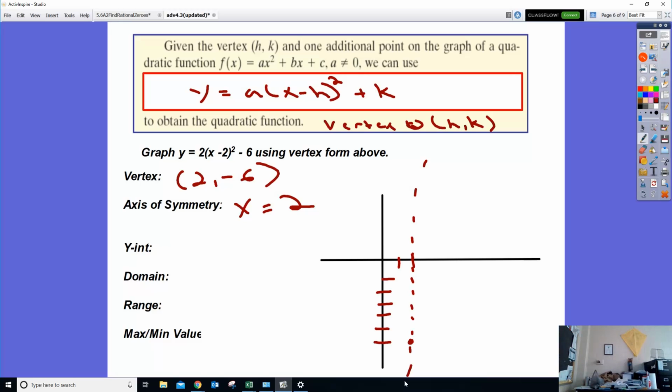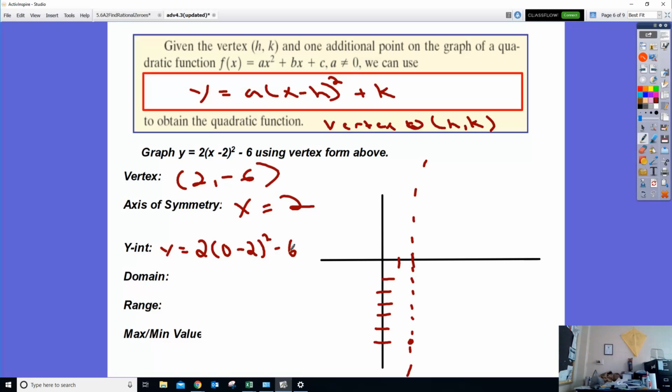I'm asking here for a couple little things. The y-intercept, because I can find it. How do you get that y-intercept? How do you find a y-intercept? 0 for x. 0 for x. I don't think it's -4.